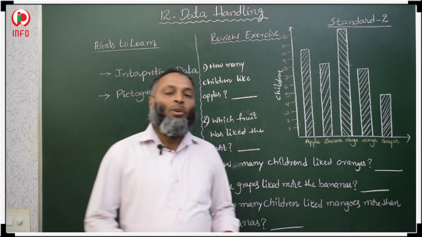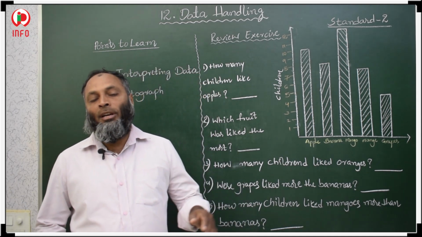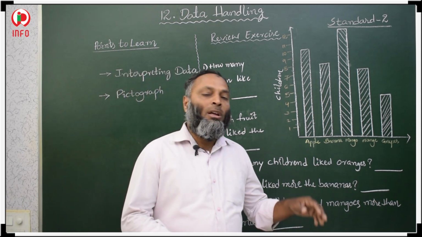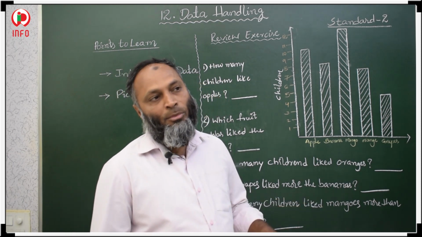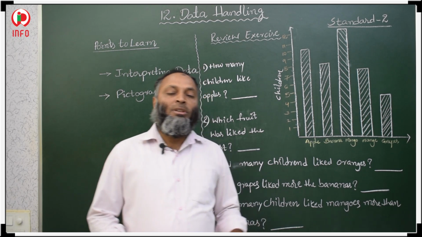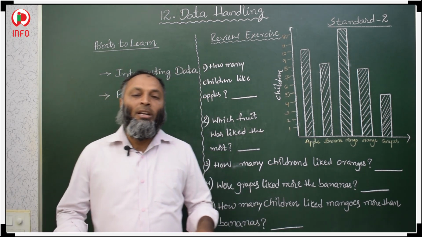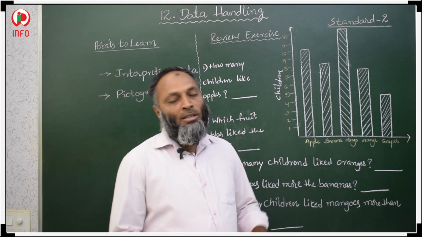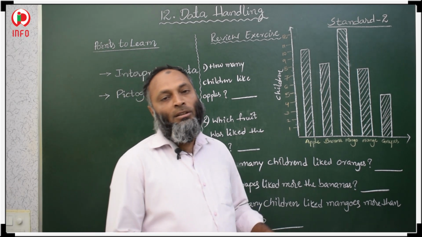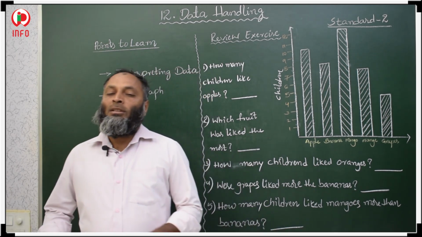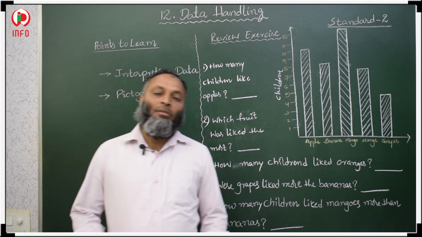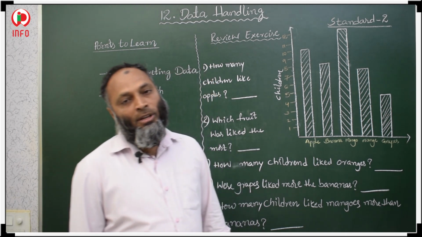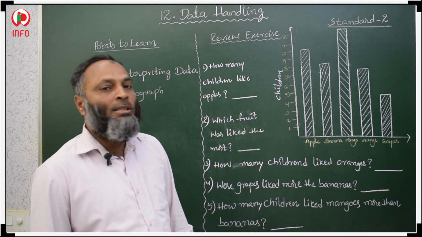How to represent the complete information of a particular school, a particular office, the population of a country, the population of the world, year to year, how it increases and how it decreases? So all the data, how to represent it using a bar graph or pictograph, that we are going to discuss in this chapter.